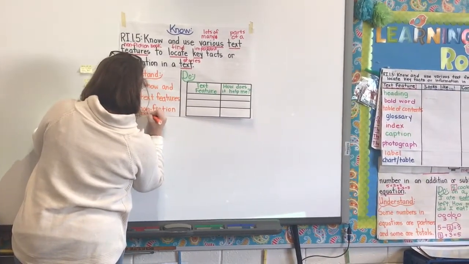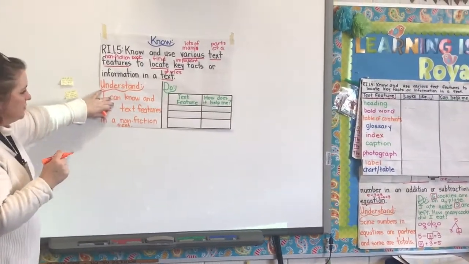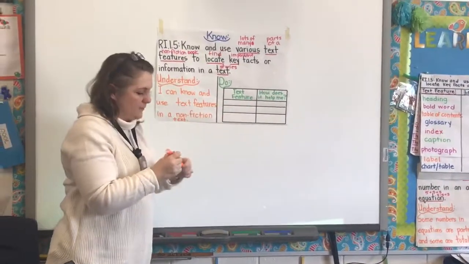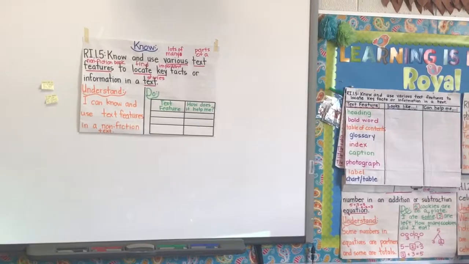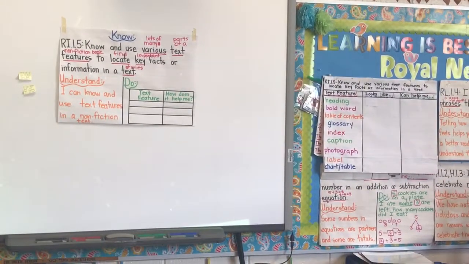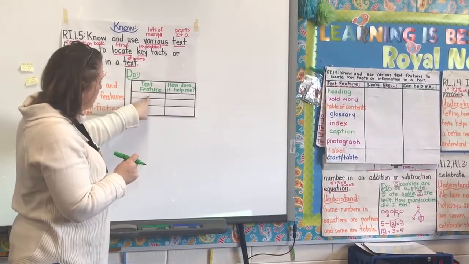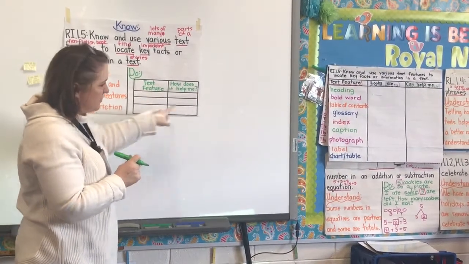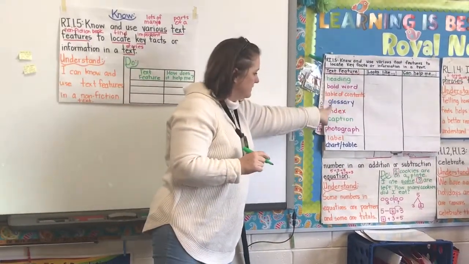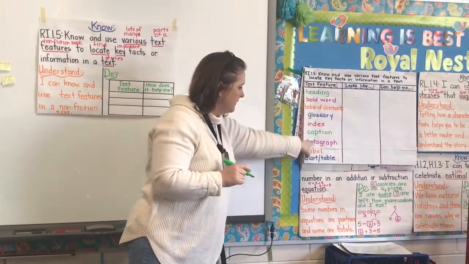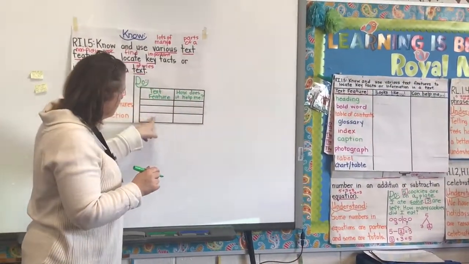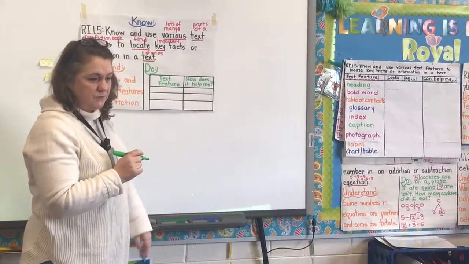So that's what you're going to be able to understand. Now, what are we going to be able to do? We're going to make a list of text features that we find. You see this anchor chart we're going to use later? We're going to be able to find the text features, and then we're going to tell how it helps you.